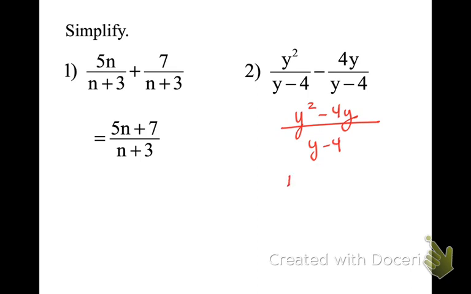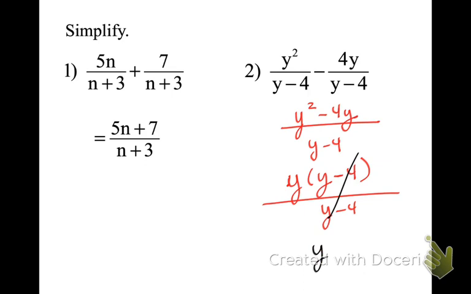Factor what? Okay, and what's left? And then I have a y minus 4 down here. And now we can cross cancel our y minus 4s, and what's left? Y. Questions?